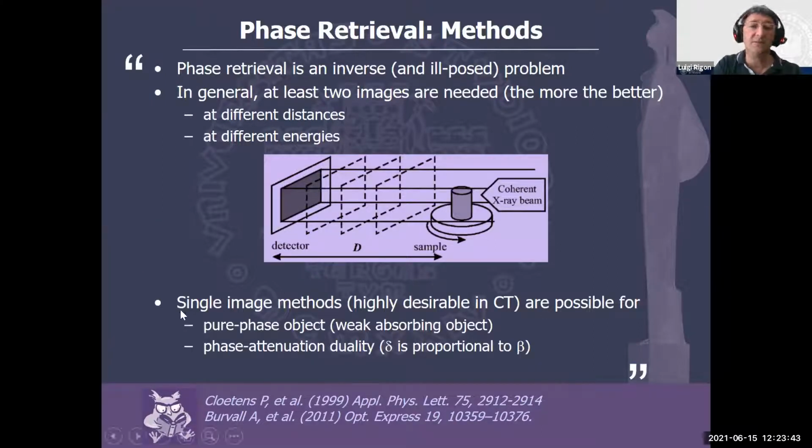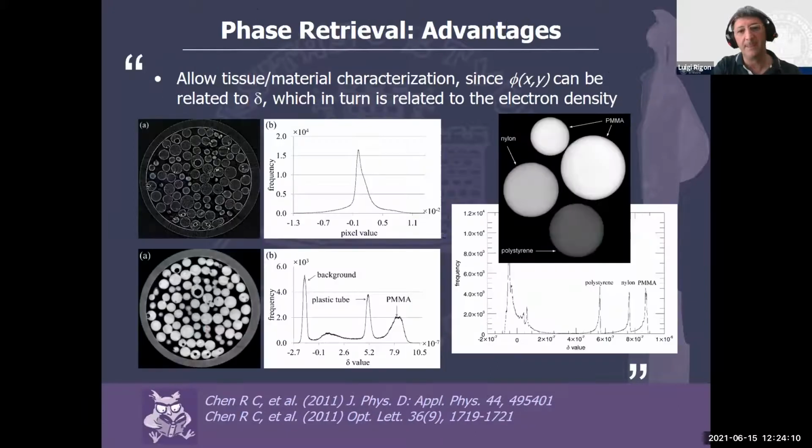But there are also some single-image, single-shot methods, so that you just take one image, one projection, and you can apply phase retrieval on it. Typically, you make an approximation, like assuming that delta is proportional to beta, which is called phase attenuation duality, and you can process phase retrieval with just one image.